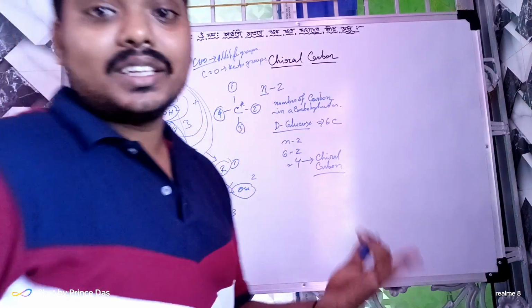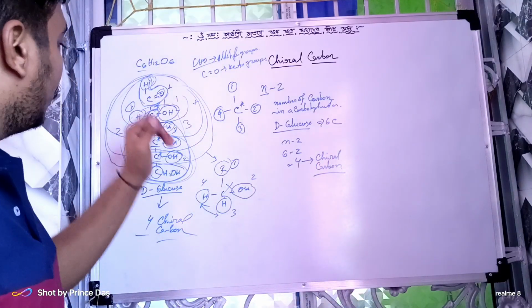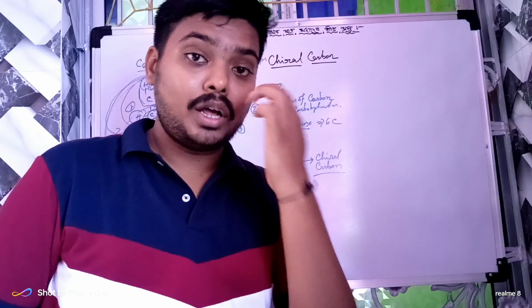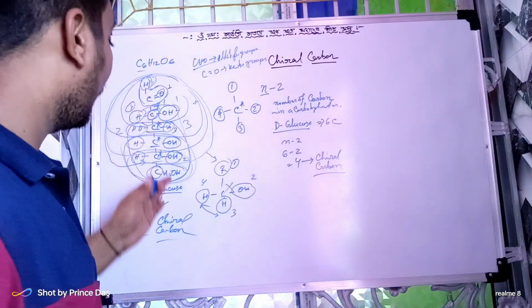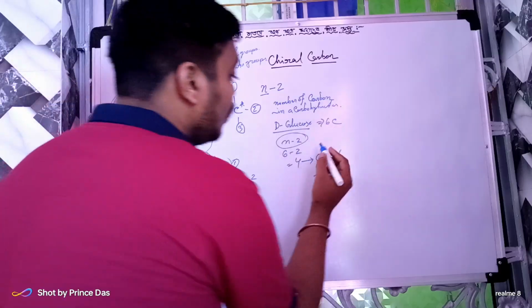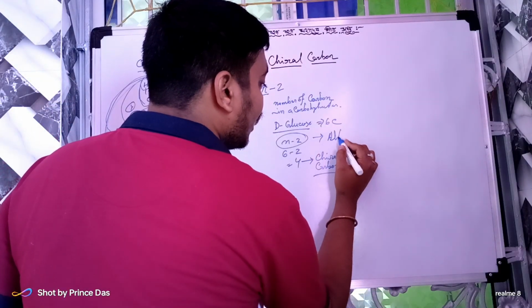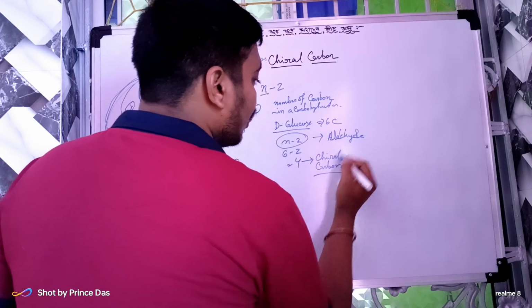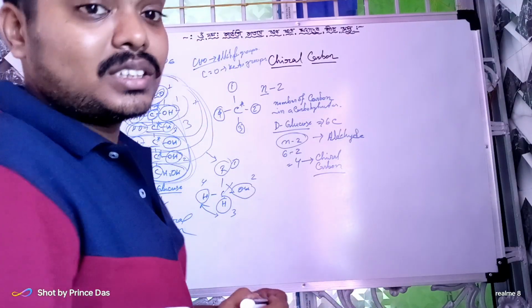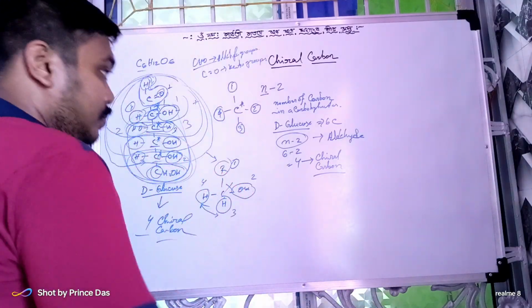So if it is aldehyde, then no need to calculate like this, 1, 2, 3, 4, these different groups. It is so difficult in the exam hall to remember how many chiral carbons there are. So there is a simple formula, N minus 2 for aldehyde, only for the specific aldehyde, not for ketone or keto groups. We will discuss the keto groups.